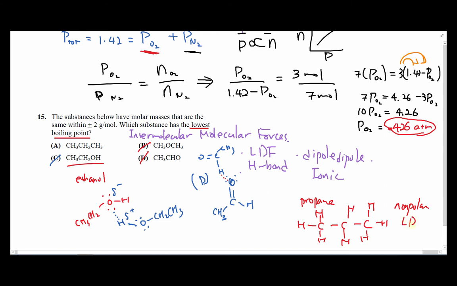Only London dispersion forces are involved in the intermolecular interactions, so they don't interact as much as the polar ones. So the answer: because they don't interact much, they have a low boiling point. The answer is A.